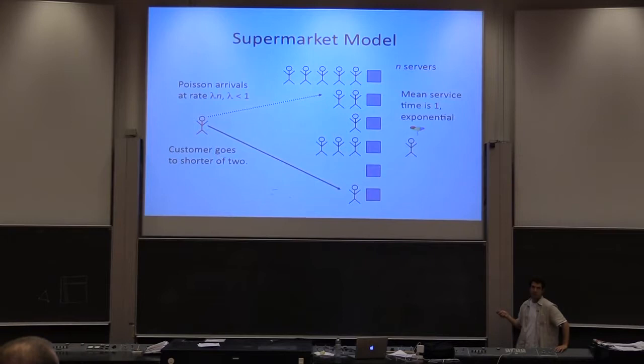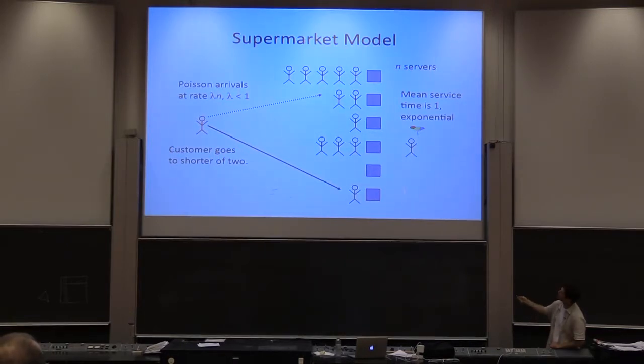Many of you may not have actually seen queuing theory. It's something that, strangely, a lot of CS people avoid. But you can think of arrivals coming in at a rate of lambda times n, for lambda less than 1, and it's not deterministic, but there's an exponential gap in the times. We expect lambda n customers to come in per unit time.